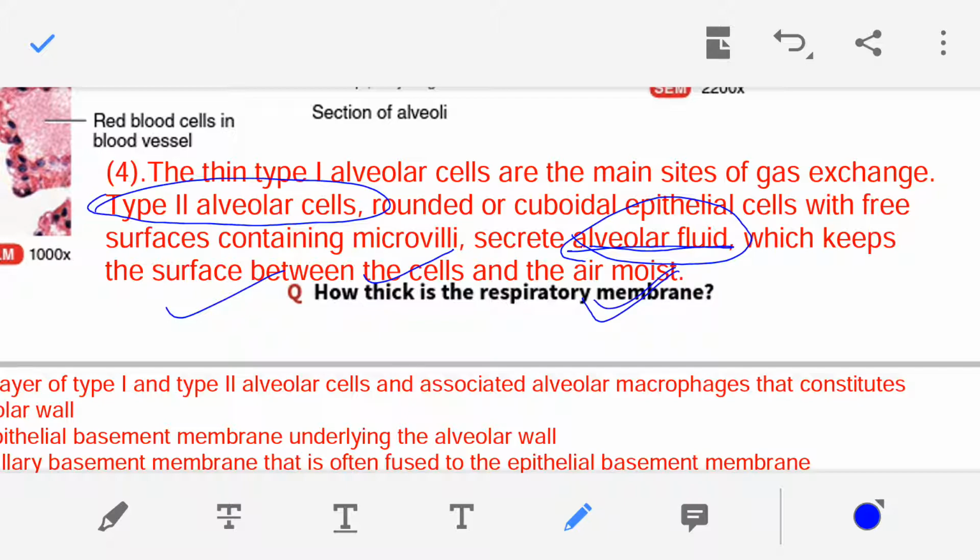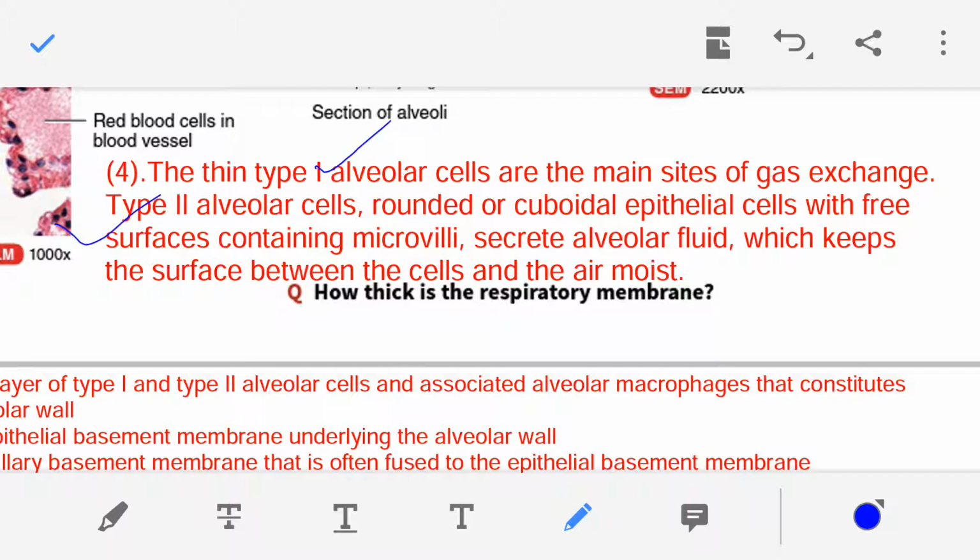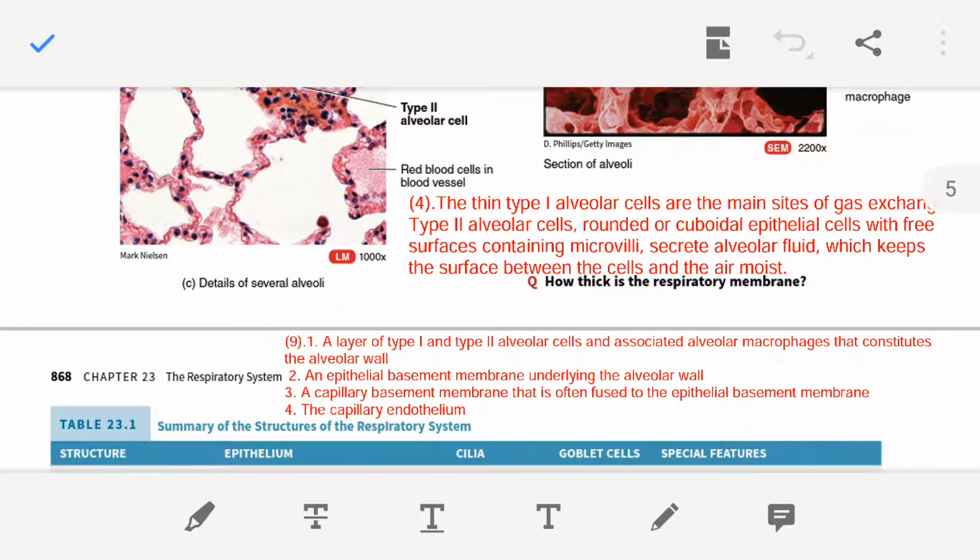So the secretion of fluid from the type 2 alveolar cell keeps the surface between the cell and the air moist. So here we have discussed the type 1 and type 2 alveolar cells and their roles.